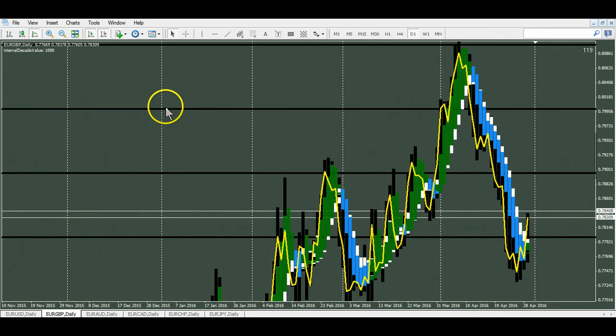From here to here is 100 pips. This is actually the round number. And this is a one period moving average, this yellow line. And this black line is actually the range of the day.